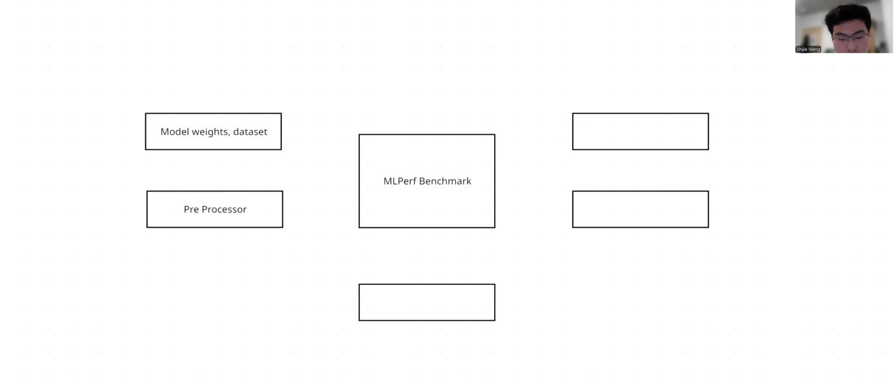And the most important part is load gen. It is essentially a central controller during the measurement process. It's in charge of distributing the data to the model and also starting and ending the timer, as well as generating the final result.